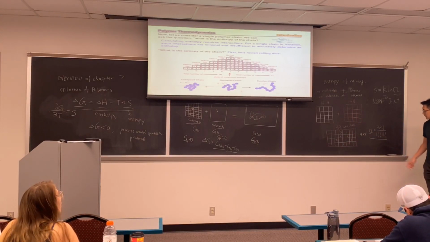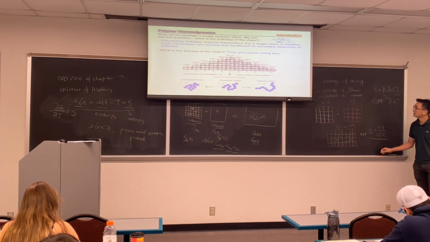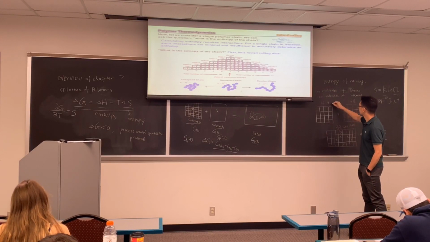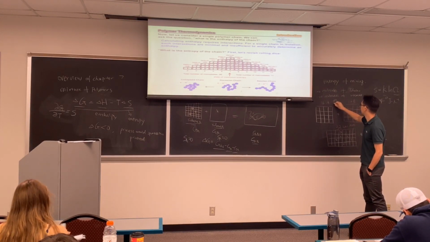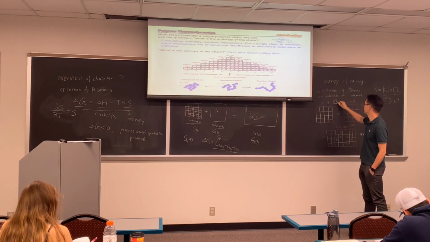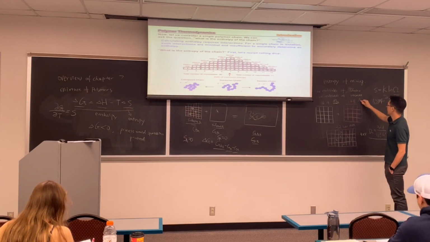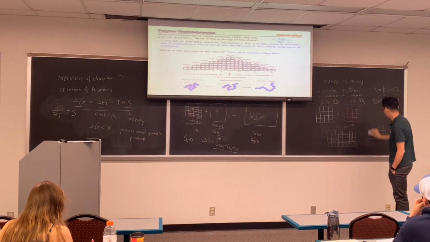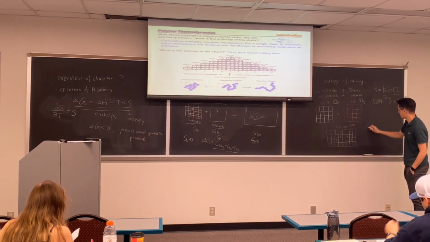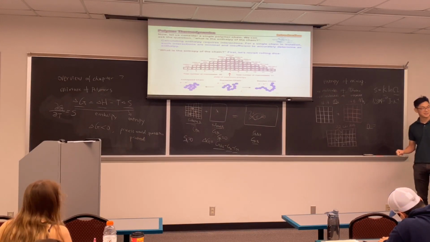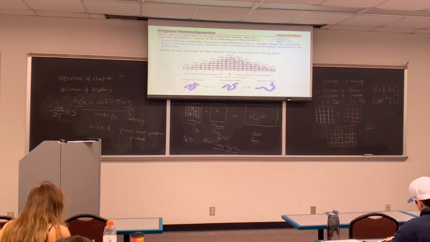So generically, we can write, if we have n number of molecule A and n number of molecule B, what would be the total possible number of states? Come on, we can do this one.